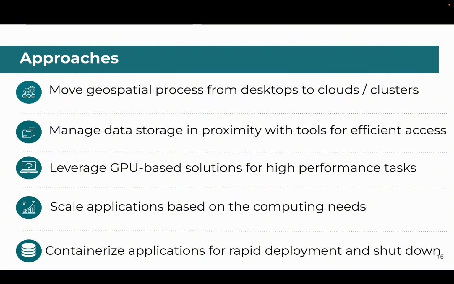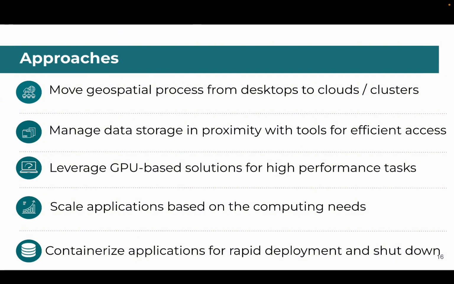To solve the challenges of geospatial big data analytics, there are several strategies that can make our processes more efficient and scalable. First, we need to move geospatial processing from desktops to the cloud. Traditional desktop systems simply can't handle the size and speed of today's data.